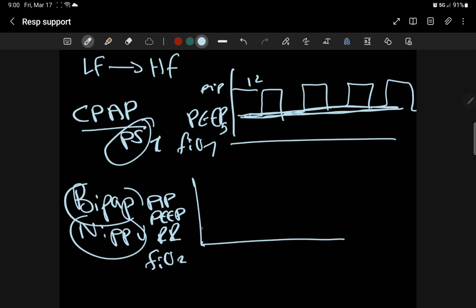So basically you say, I need that patient to take a PEEP of 5, a PIP of 15, at a rate of 12 and with an FiO2, let's say, of 45. So regardless of whatever the patient is doing, it's forcing that mechanism over the patient.